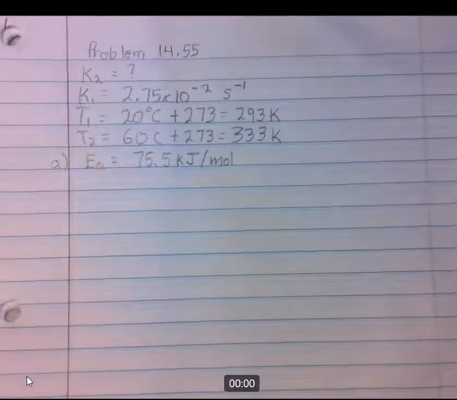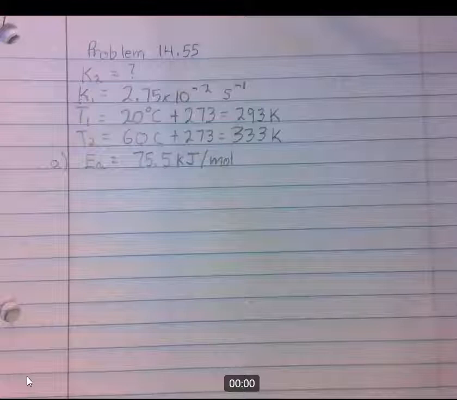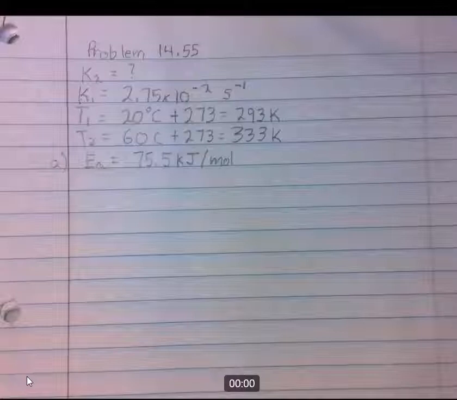Okay, all right. So you look at K, you have two different values of K and two different values of T. And if you go back to the formulas that we had in the video and in the notes, or if you went back in your book, you find the following formula.